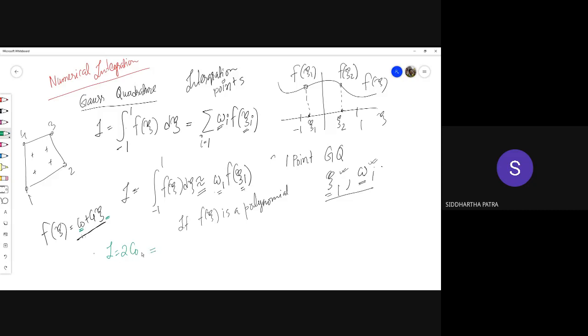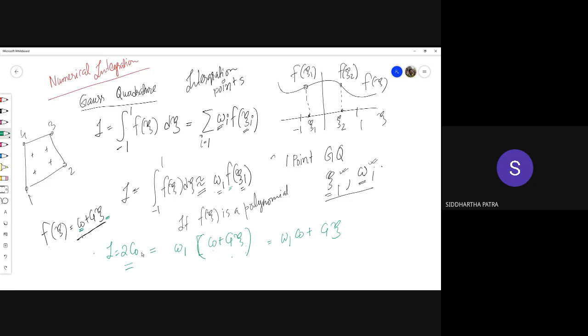And on the other side we are multiplying with W1. What are we multiplying? C0 plus C1 times xi. Why? Because f is assumed to be this function, so I'm taking the value of f at xi1, and that way we will get W1 times C0 plus C1 times xi.